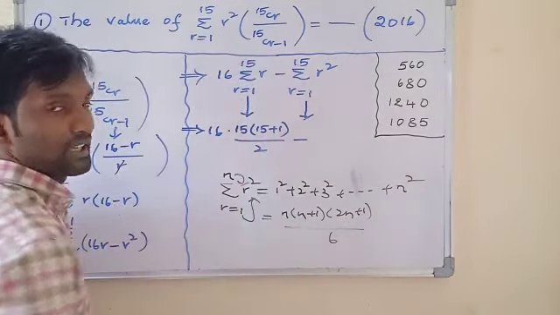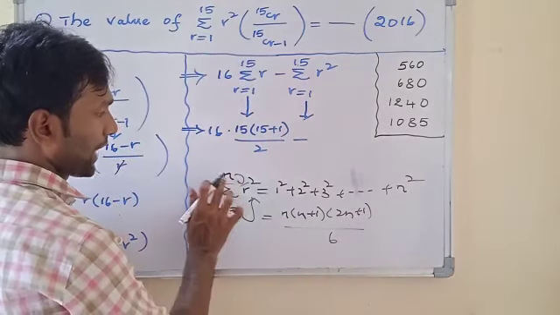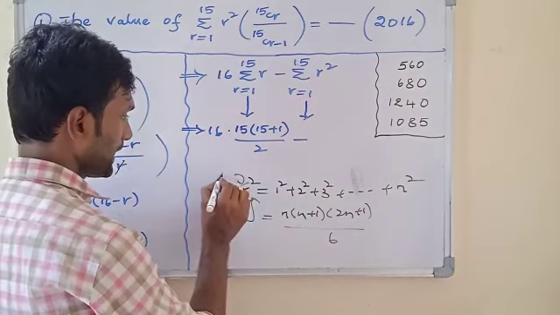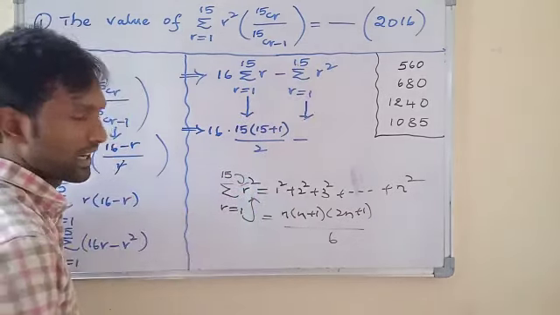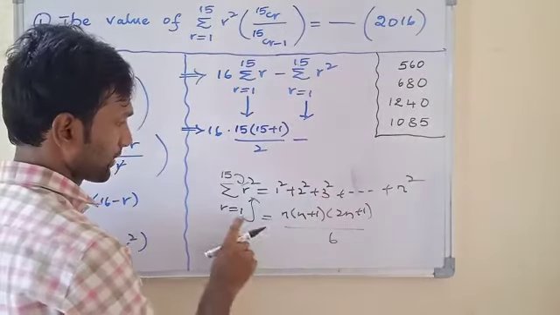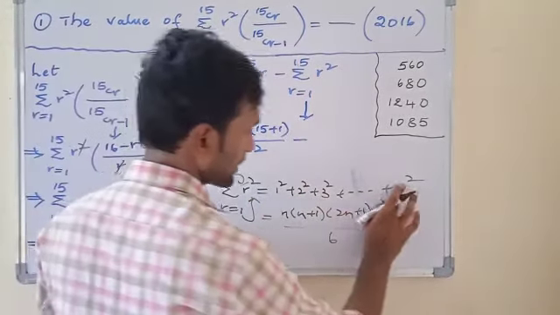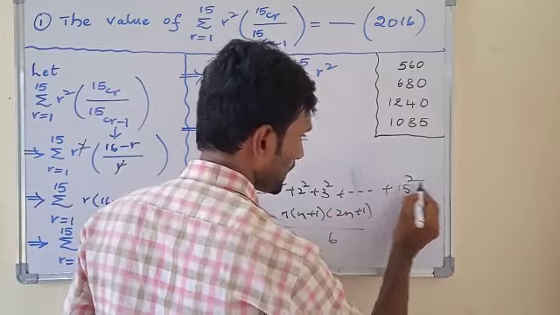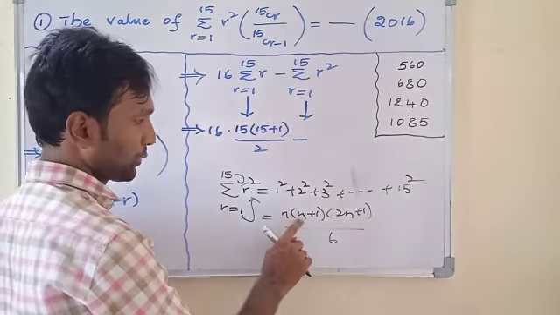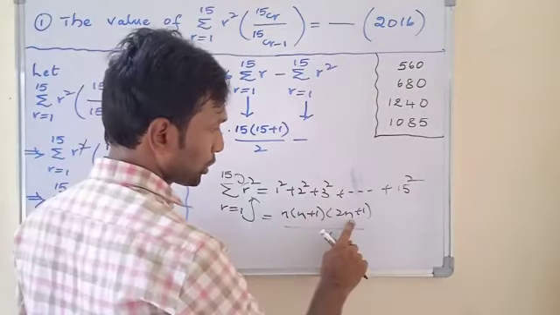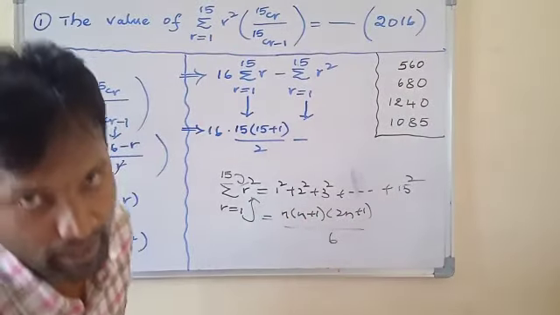But in the given sigma notation, the value of n is 15. That means sigma r equals 1 to 15 of r square. Now the expansion is like this: 1 square plus 2 square plus 3 square plus, and so on, 15 square. Now write n as 15: 15 into 15 plus 1 into 2 into 15 plus 1 divided by 6.